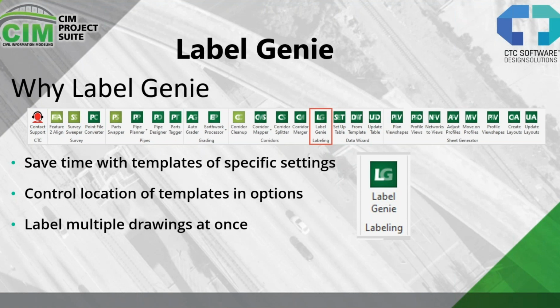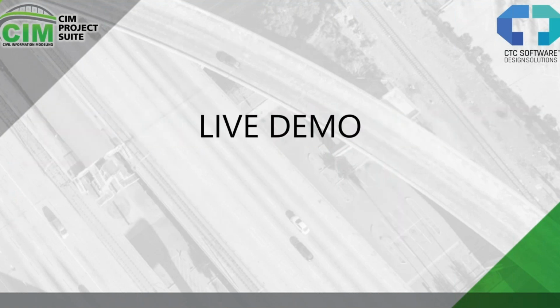We can also label multiple drawings at one time if so desired out to XREFs and other things. You can label by layout specifically too. I'm not going to do that today, but I'm going to show you where that is. So with that, let's jump into Label Genie live demo.